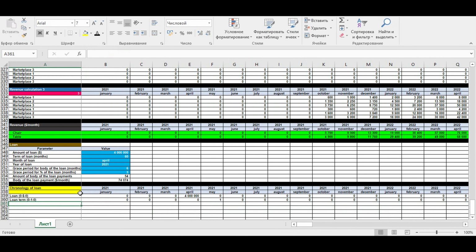Now we will create the line where we count the months of the loan.